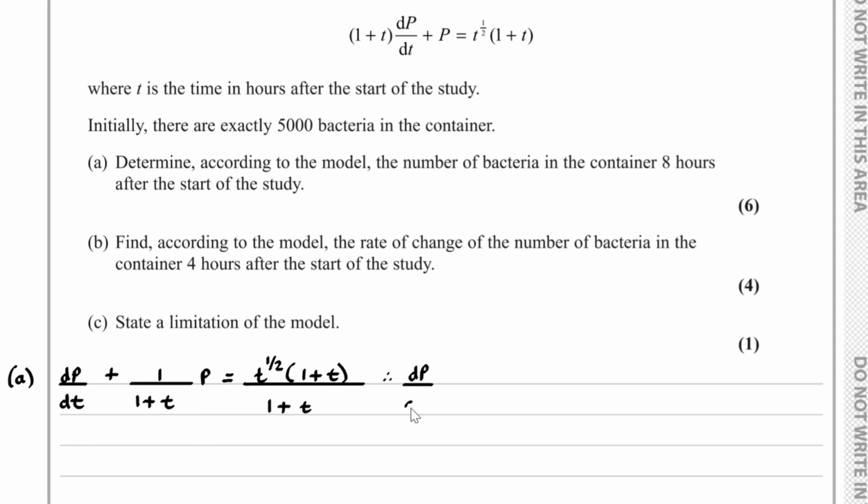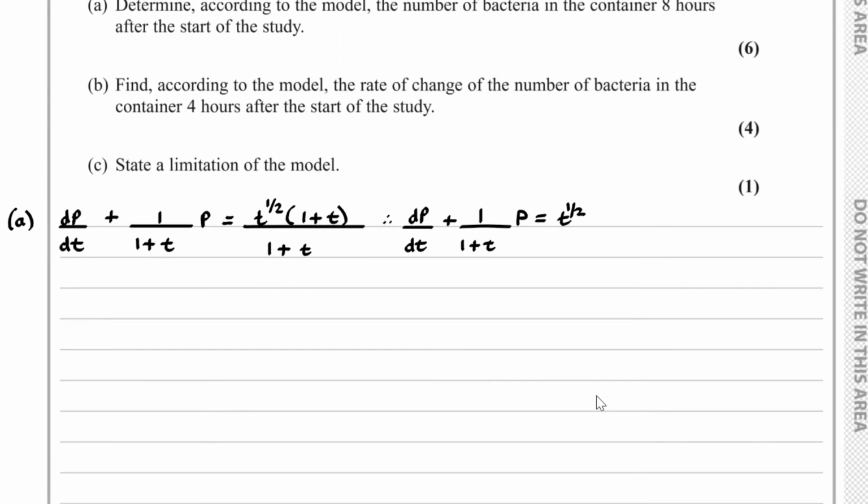And of course, the 1 plus t's cancel on the top and the bottom, so therefore dp over dt plus 1 over 1 plus t lots of p is equal to t to the power of 1/2. So we can use the integrating factor method to integrate this first order differential equation.